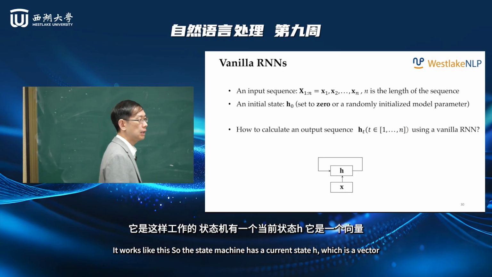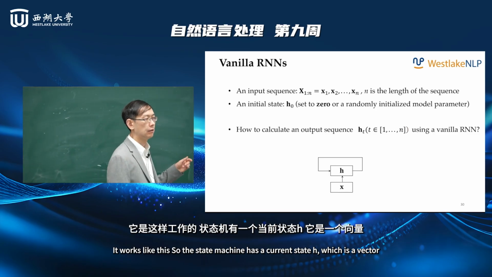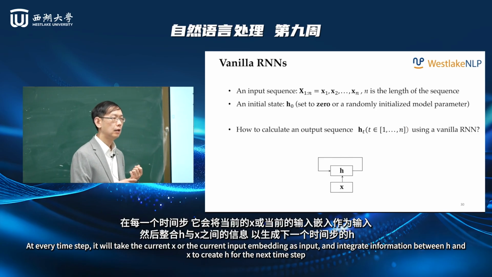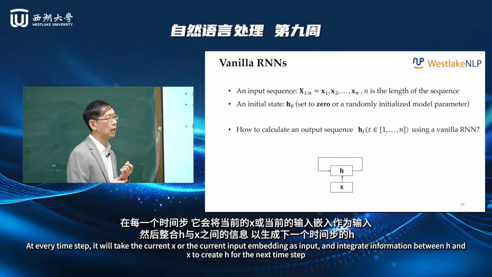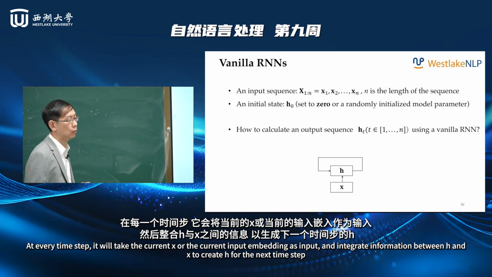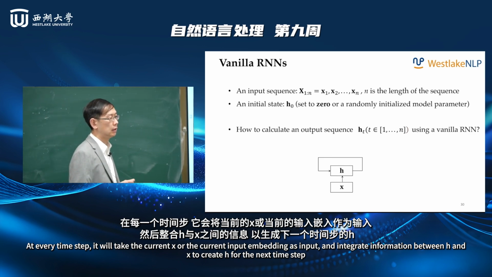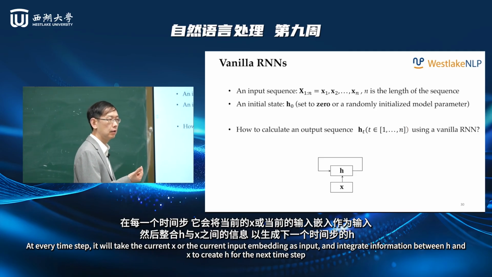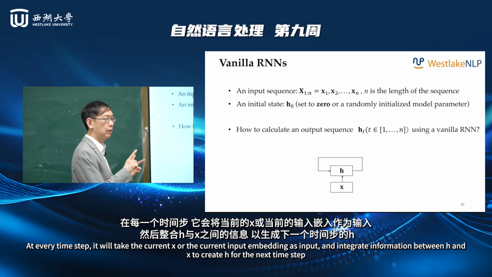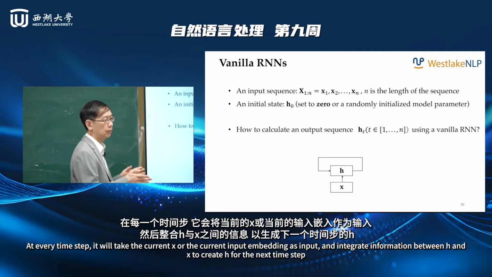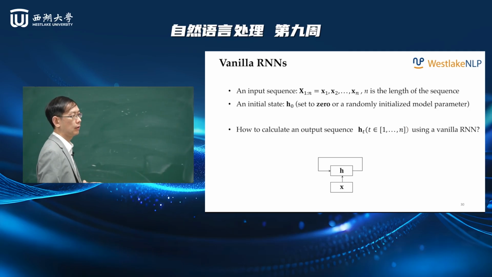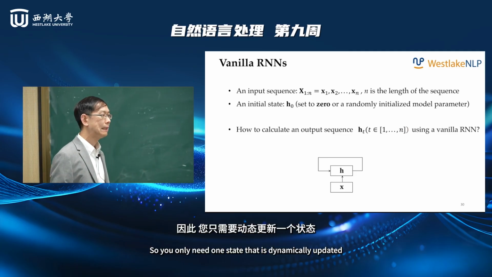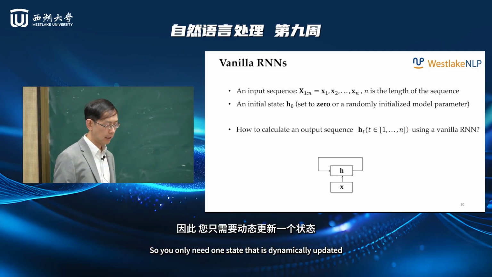The state machine has a current state h, which is a vector. And at every time step, it will take the current x, or the current input embedding, as input, and integrate information between h and x to create h for the next time step, right? So you only need one state that is dynamically updated.